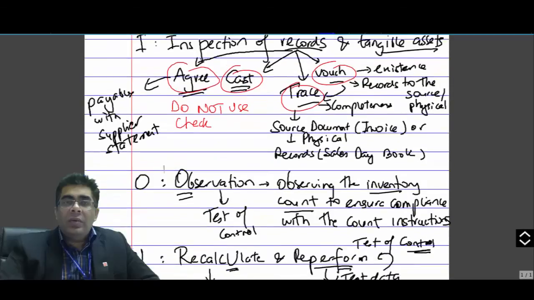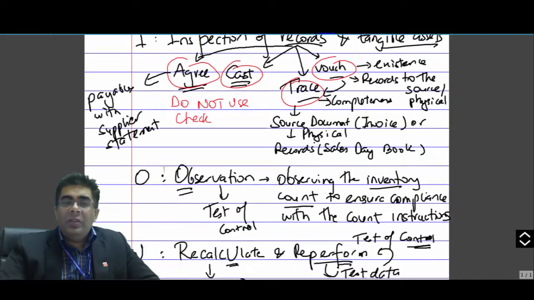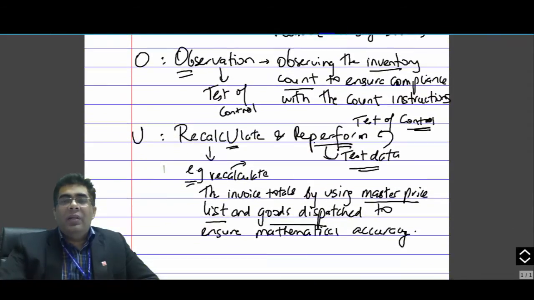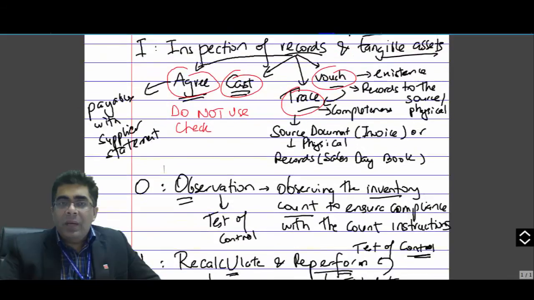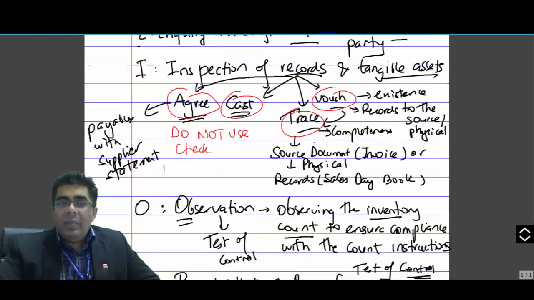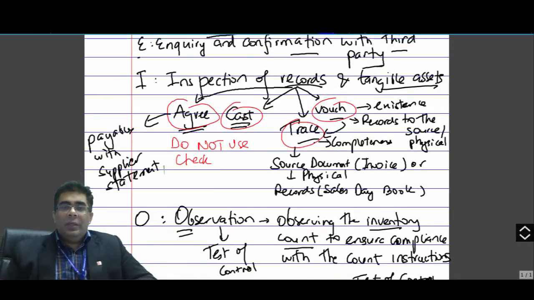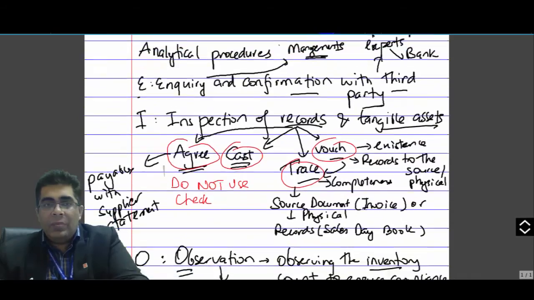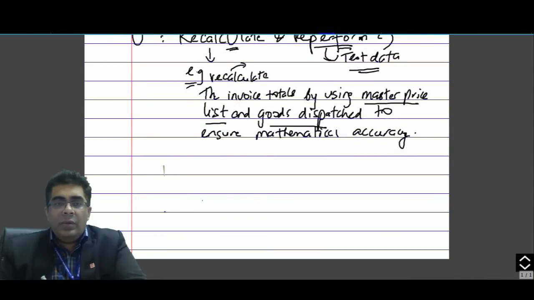Okay, so that's inquiry. We have inspection of records, then observation, recalculate, and reperform. I want to highlight to you about this inspection of records. Yeah. So keep this AEIOU. I just want to give an additional note.